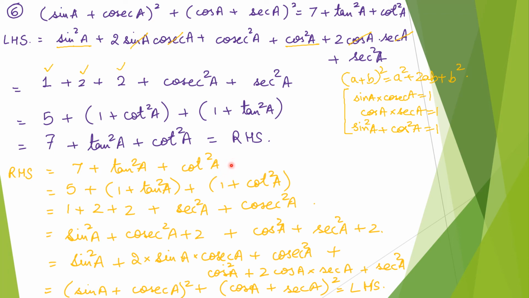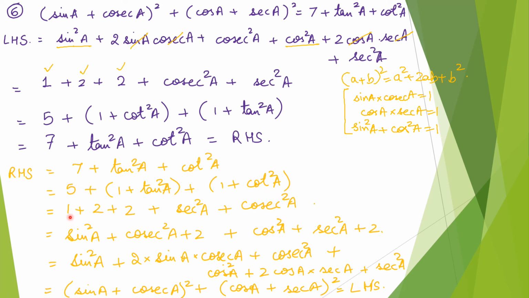Now I can actually try going from RHS also. I am writing down, obviously going from LHS is the easier route. But just suppose I want to try going from RHS for your curiosity. So 7 plus tan square A plus cot square A. Since everything is in terms of cosec and sec, I am splitting this as 5 plus 1 plus tan square, 1 plus cot square.